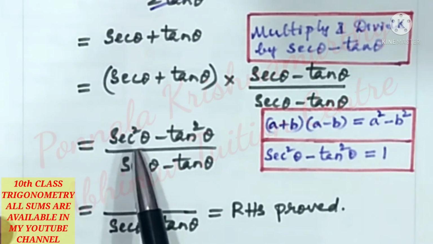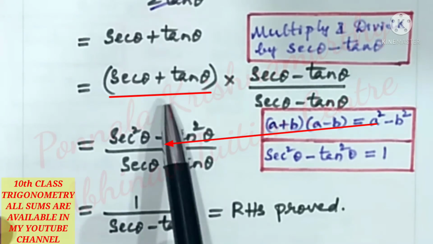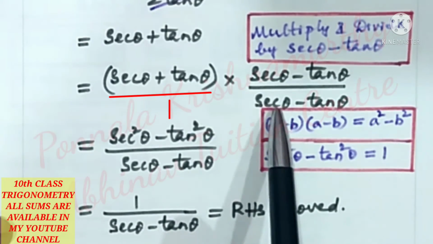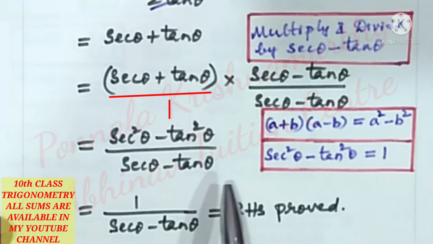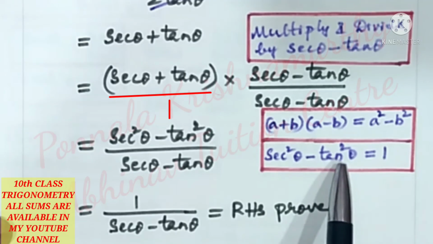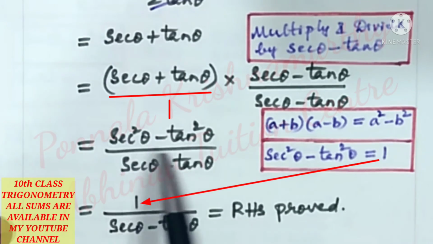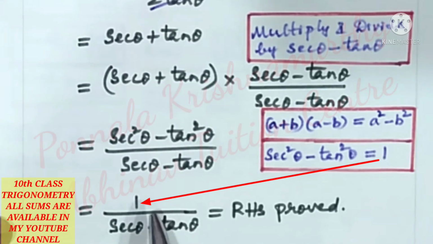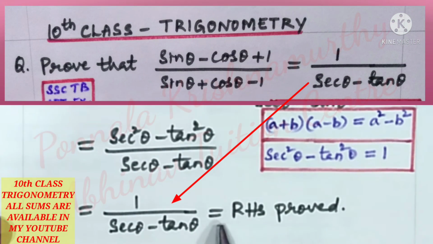So that becomes (secant square theta minus tan square theta) by, here we have 1 in the denominator, 1 into secant theta minus tan theta is nothing but secant theta minus tan theta. We know that secant square theta minus tan square theta is equal to 1. So we write 1 in place of secant square theta minus tan square theta, by secant theta minus tan theta. That is equal to RHS proved.